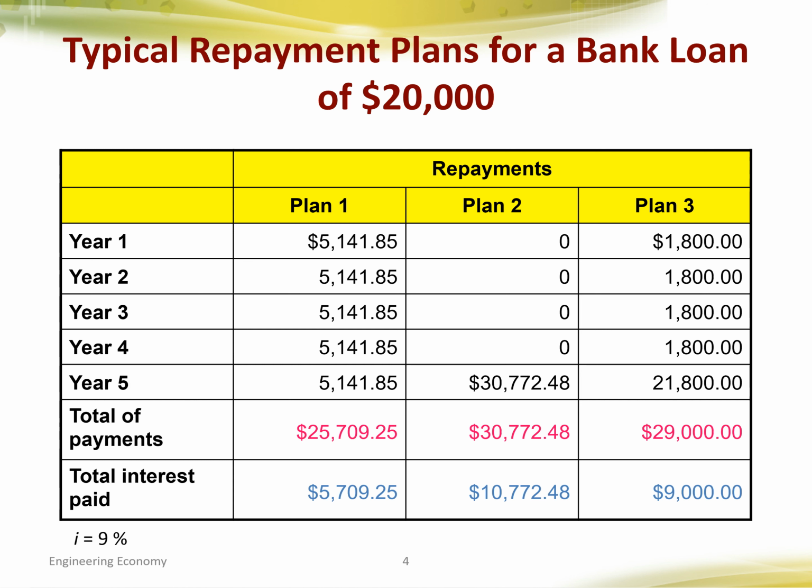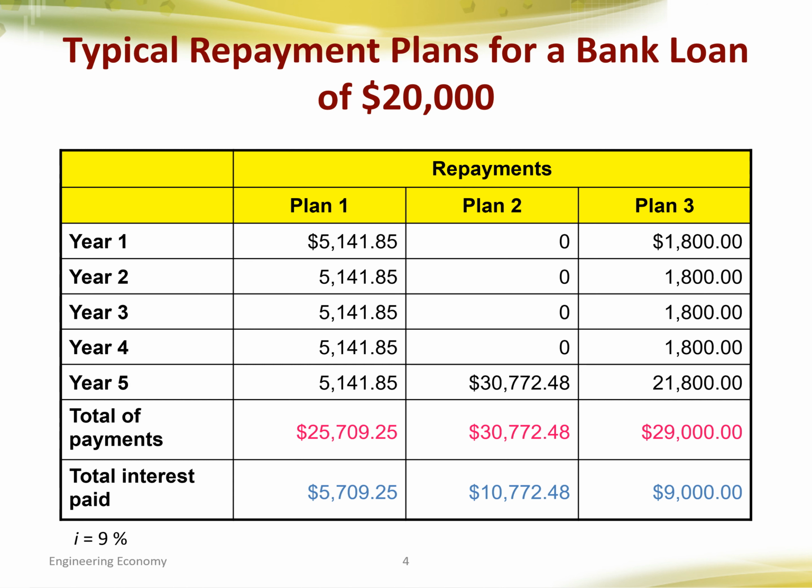And if you didn't get anything until the end, this payment that you pay, you only pay at the end of the 5th year, so you are only owing more money within the 5 years, so you need to pay more interest.